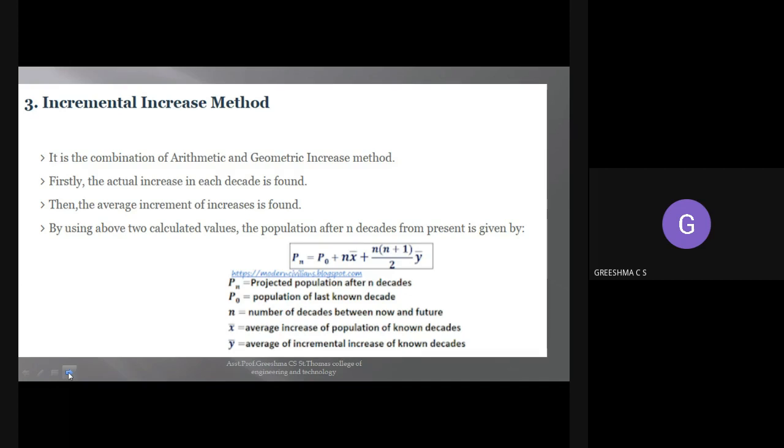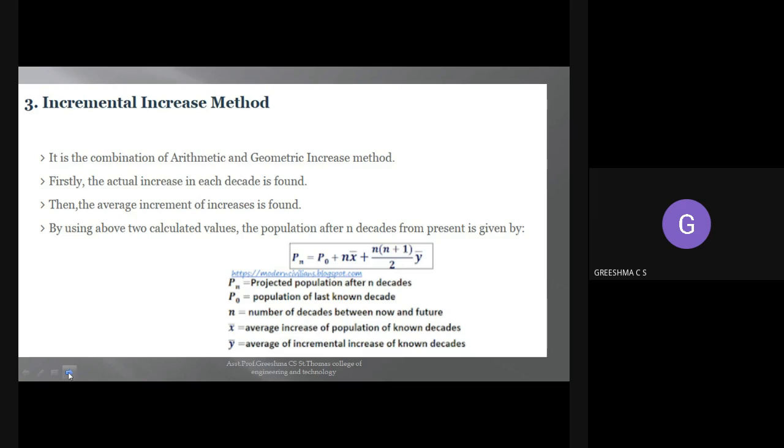This is actually a combination of the arithmetic increase method and the geometric increase method. It is mostly used if there is any variation in the increase of population.